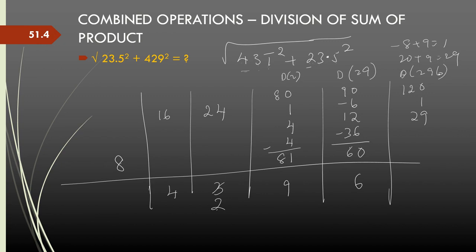So that is 2 into 2 into 6, 12, plus 81, 93. So this is minus 93. So that's 27 plus 29, 56, 57. So the answer till here is 429.6.